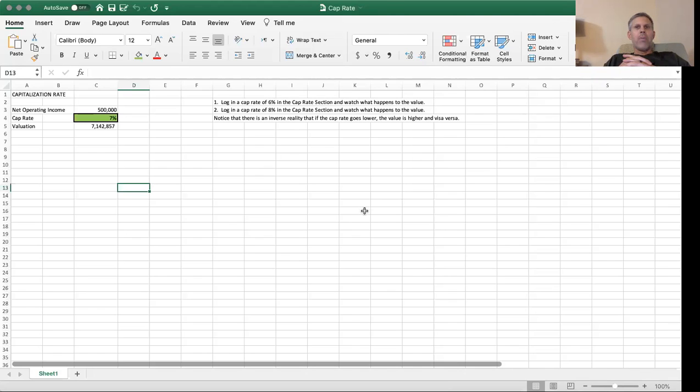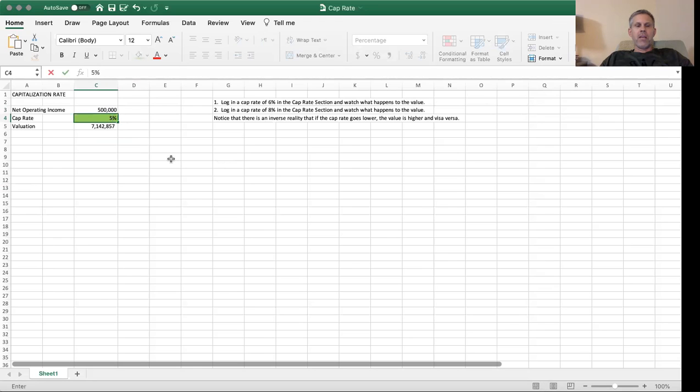And so we're going to spend a few minutes just walking through this to give you some live examples of that. If the net operating income of a building is $500,000, that's the net after all the expenses that is available from the property. If the cap rate is 5%, watch what happens to the value.